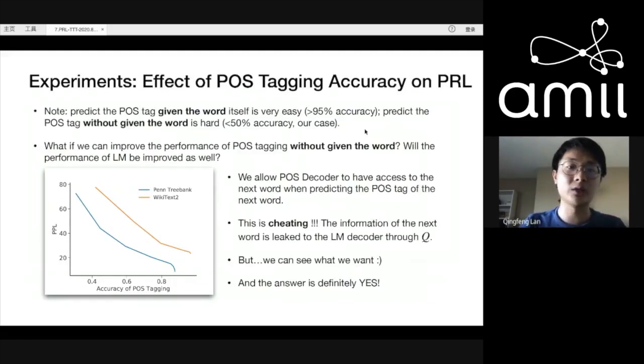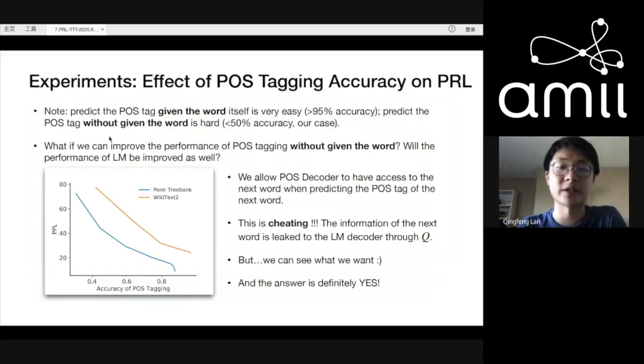We then studied the effect of POS tagging accuracy on PIL. Notice that predicting the POS tag given the word itself is very easy. We can achieve at least 95% accuracy. But predicting the POS tag without being given the word is hard. In our experiment, we found that the accuracy is usually lower than 50%.